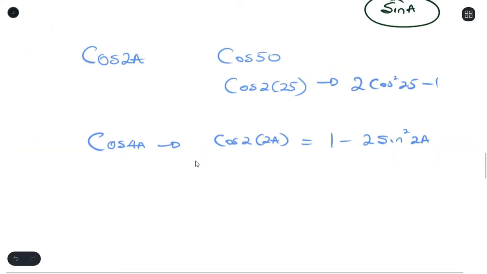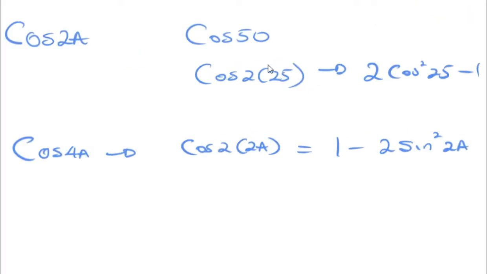So one thing that comes to mind whenever you have questions that involve double identity is that it doesn't necessarily always have to look like this. However, whenever you notice there is an even number and there's a possibility of bringing out a 2, like in the case of 50 and 4a, you can bring out a 2, then use your double identities like you've learned.